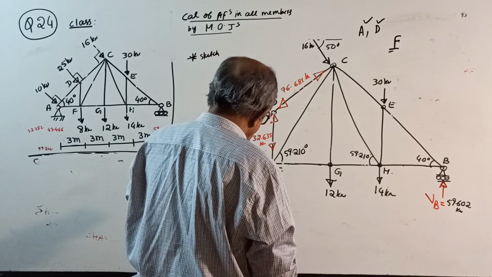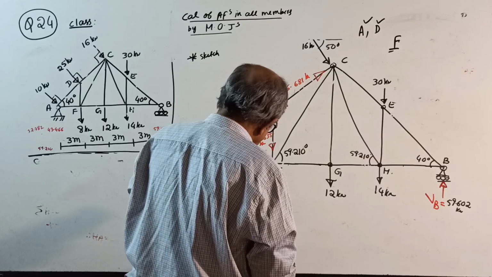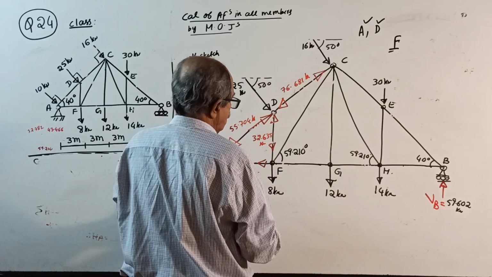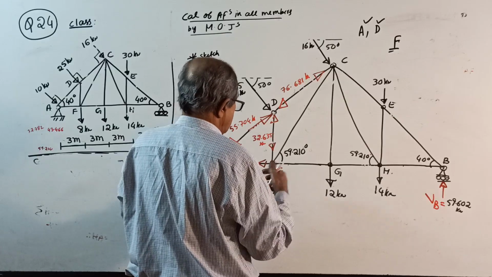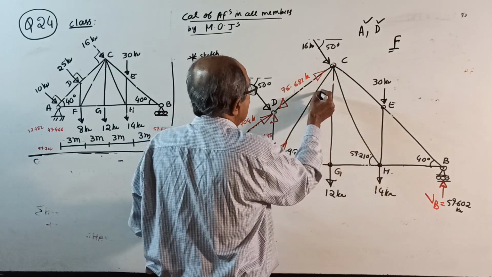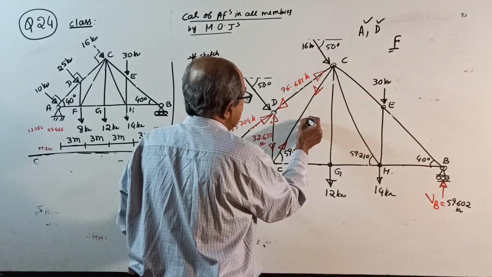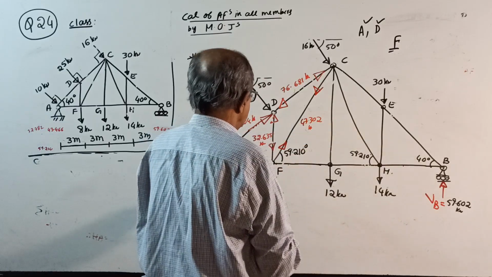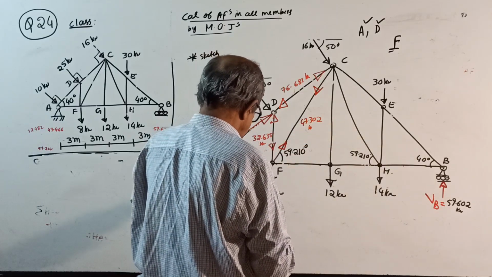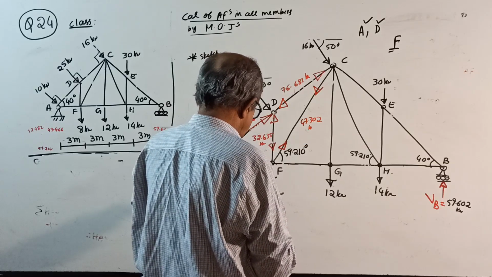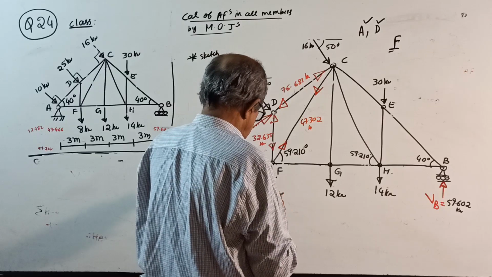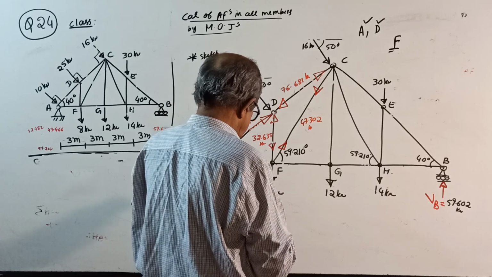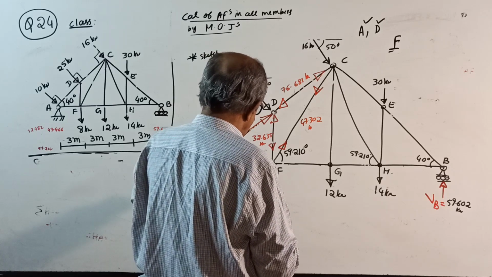Slowly I am doing because I do not want mistake. 47.302, this force will come. 47.302 kilonewton, and this force will come 47.302 into cos of 59.210, that is this component.